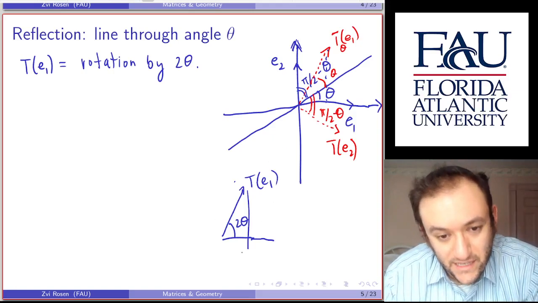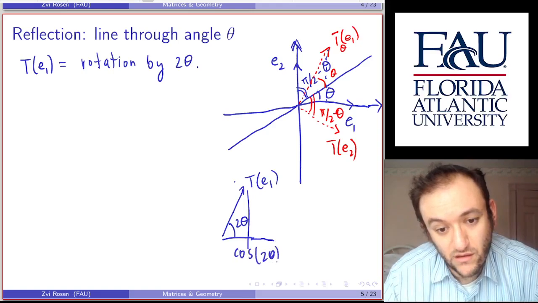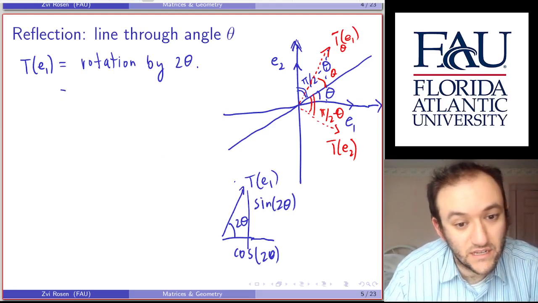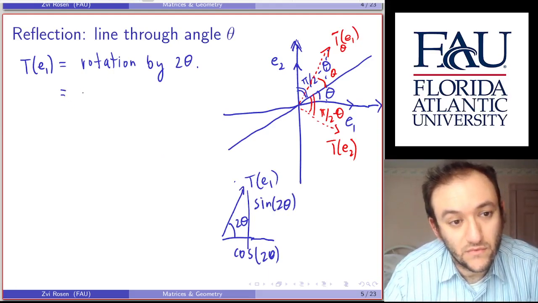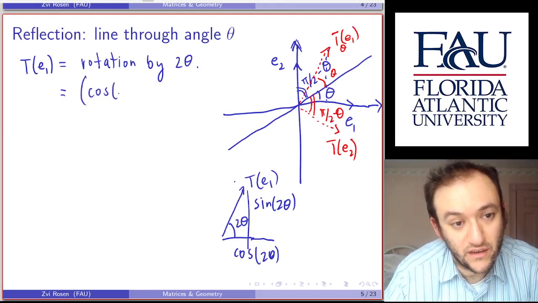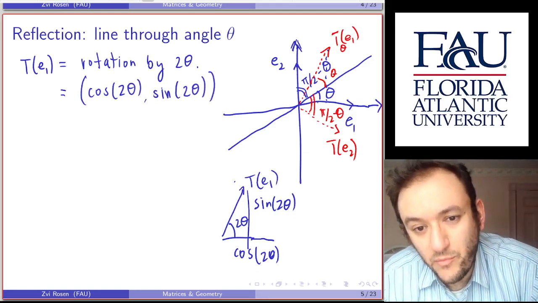So what we'll get is cosine 2 theta here and sine 2 theta here. Okay. So this is going to be the vector given by cosine 2 theta, sine 2 theta.